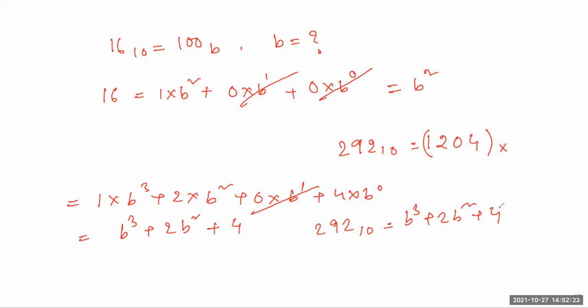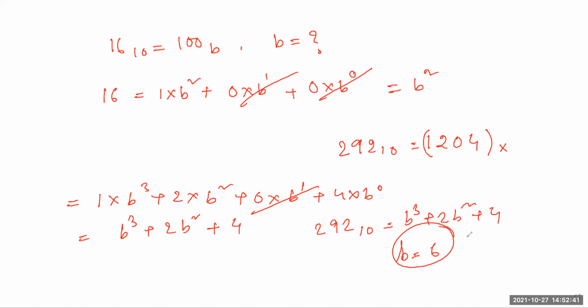So after that, with the help of the trial and error method, you will get that the value of b equals 6.